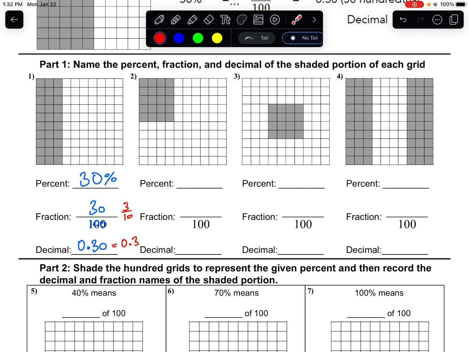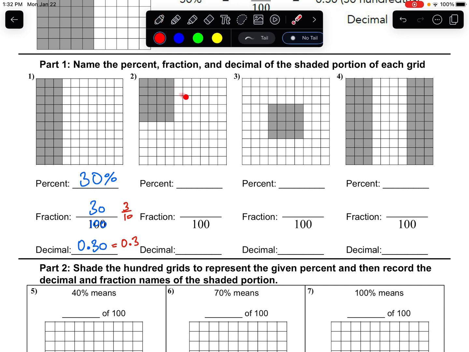Well, if I look at each individual bar, there are 10 of these, and 3 of those 10 are shaded, so we could say that's 3 tenths. So 30 over 100 is the same thing as 3 tenths, or 30% is the same thing as 3 tenths, which is the same thing as 3 tenths down here. Just something worth noting. And we cannot simplify this percent at all.